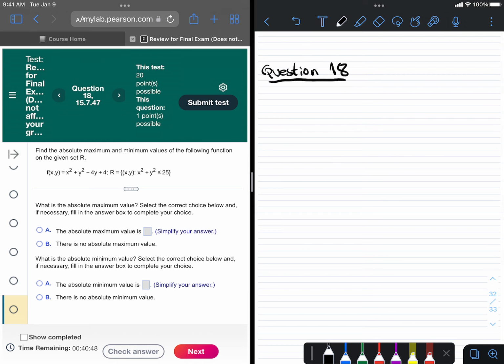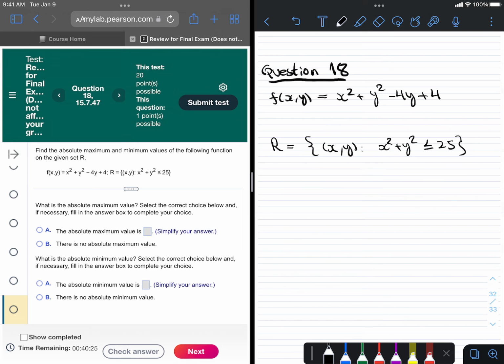So, look at the function first. And note the region. This region, you can clearly see that this equation defines the interior of a circle of radius 5 together with its boundary.